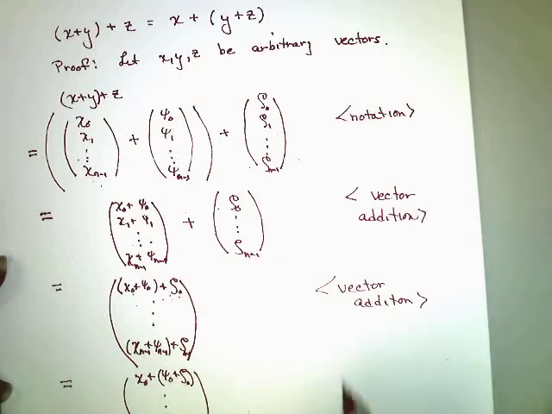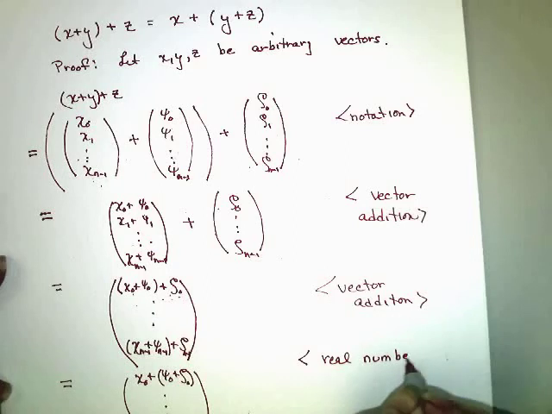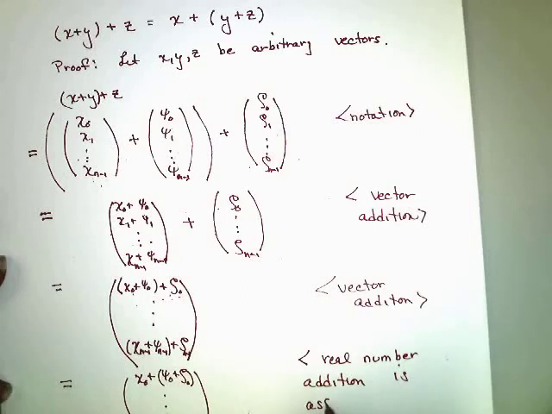Again, the reasoning is that real number addition we know is associative.